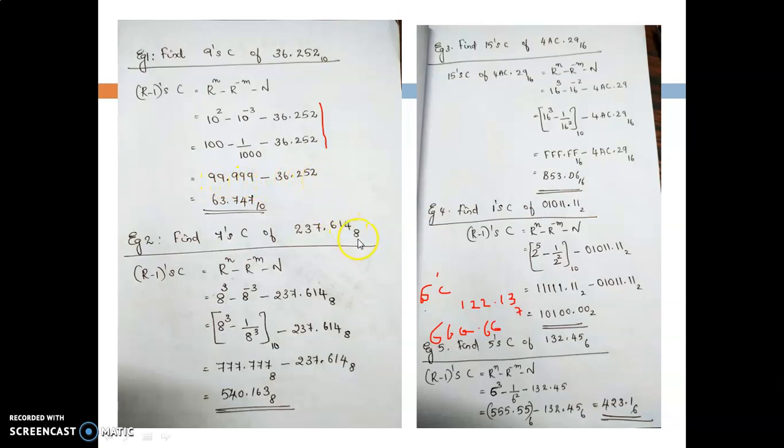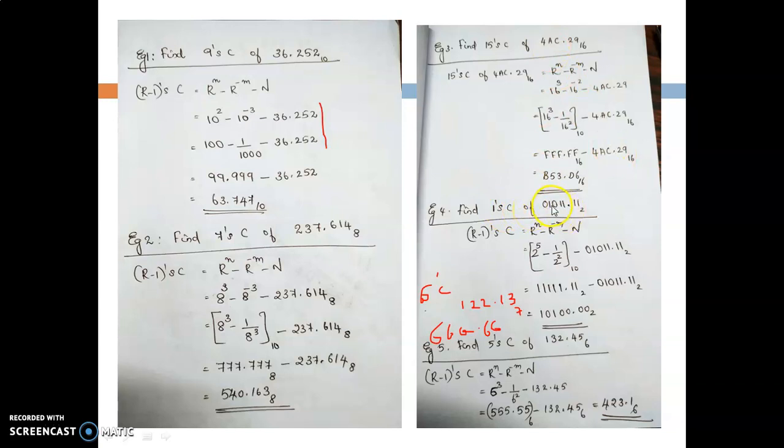Similarly, for base 8, you have to subtract from 7. How many digits are there? 3 digits. So 777.777. For the 15's complement, the highest digit possible is F. So FFF.FF minus your number. Clear?